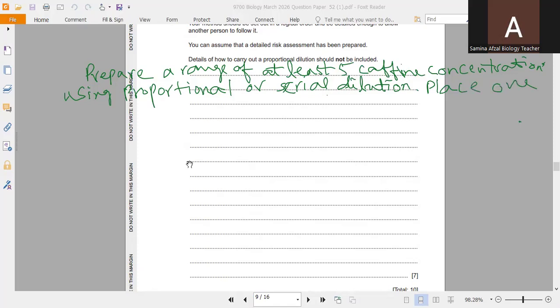Place one Daphnia magna onto a petri dish with a small amount of cotton.